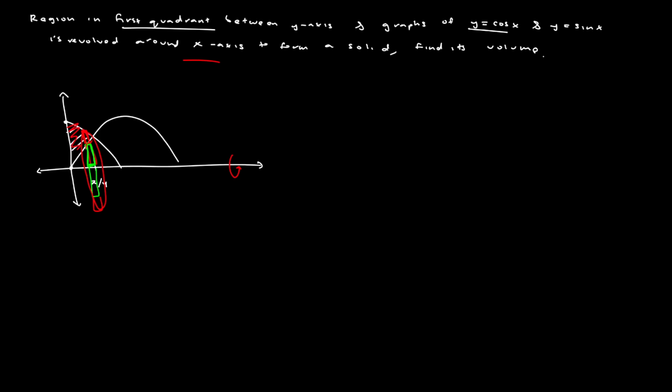One of those disks consists of the region that we don't care about, that green region, and the other disk, which is the outer disk, consists of both the areas that we have. So what I mean is, this region, that smaller disk, and then we have the larger disk over here, consisting of the larger region.